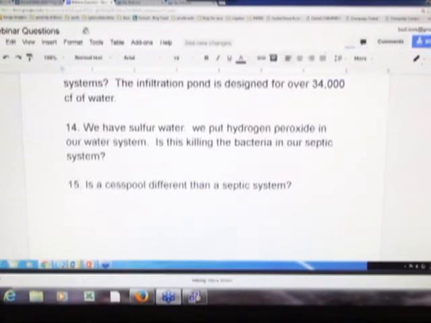I don't believe so. Hydrogen peroxide is an oxidant. It has no chlorine. It's hydrogen and oxygen. I'm sure it's there to oxidize the sulfur and drop it out of your system so that it's not staying in solution.